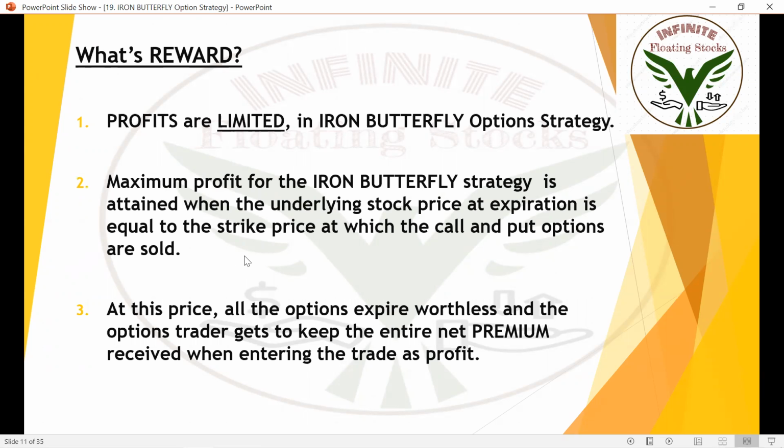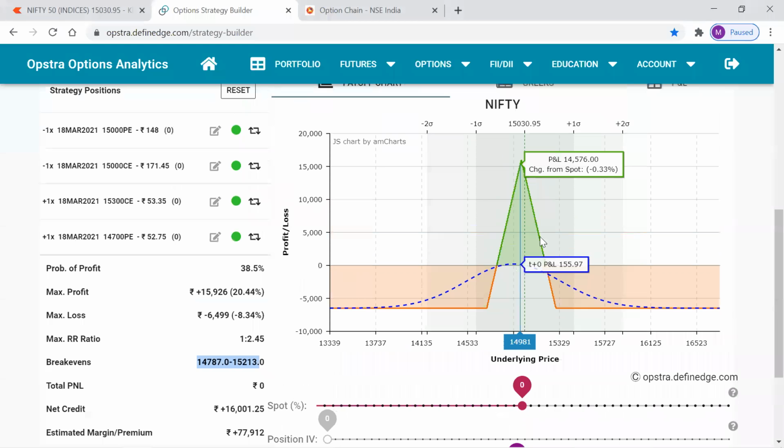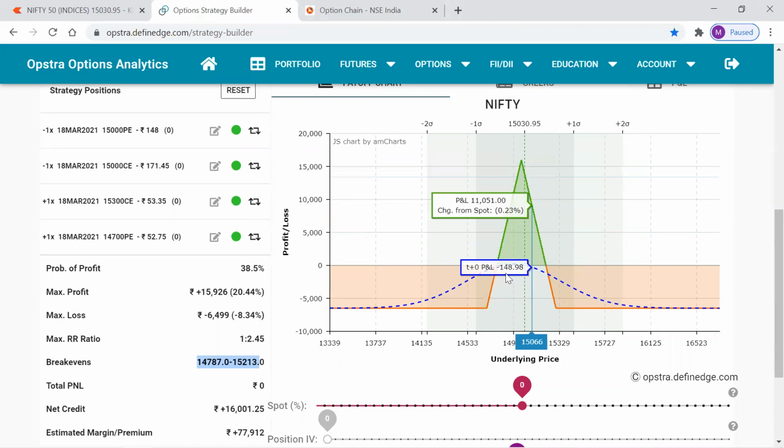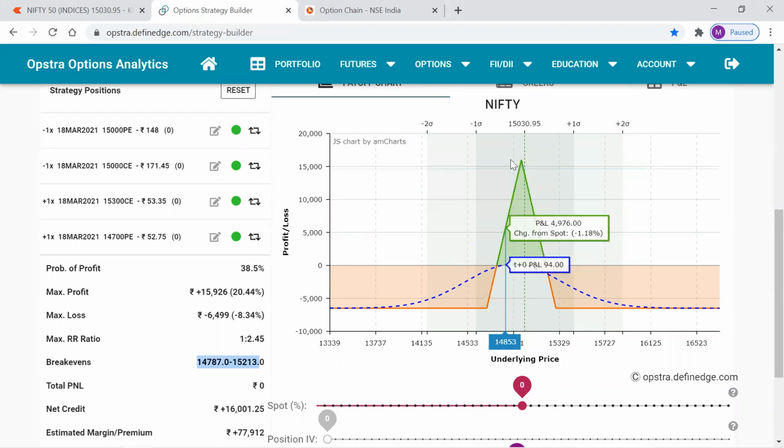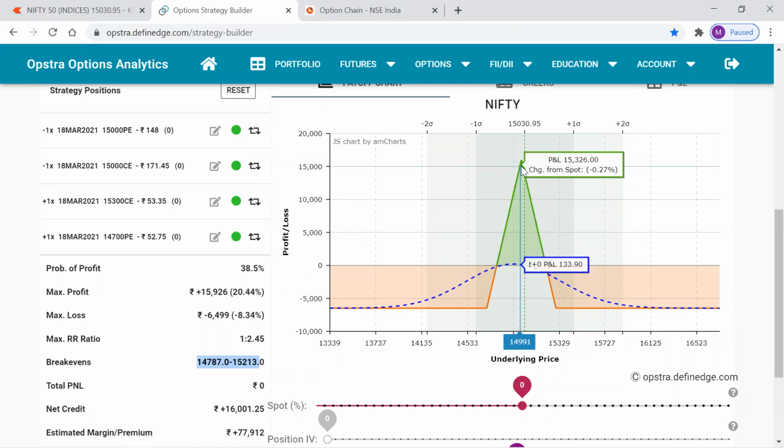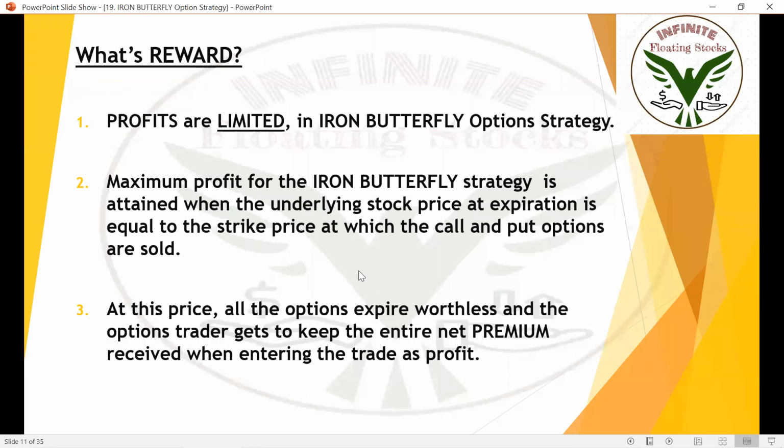You will get maximum profits when the market is at this peak point. It is looking like a pyramid, right? So you'll be getting maximum profits if the market ends at the top of the pyramid, which is nothing but the point at which we have implemented the straddle, which is 15,000. So the market should stay closer to 15,000 for us to get maximum profit.